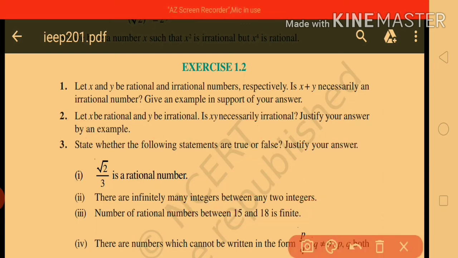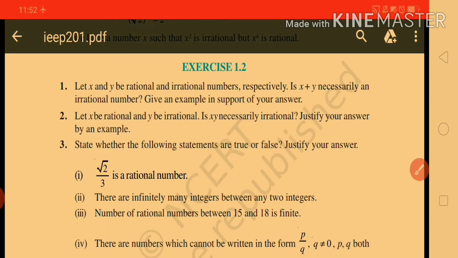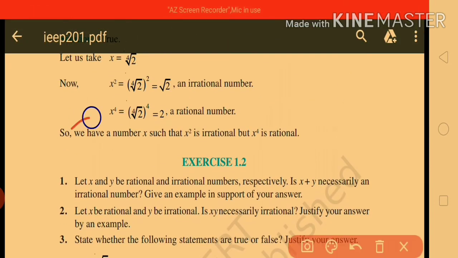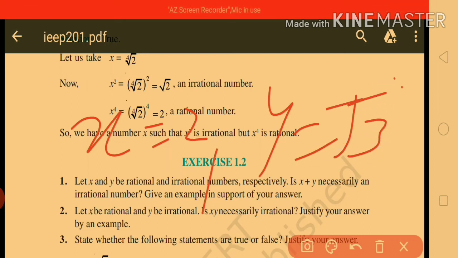Second question, let x be a rational and y an irrational number. Is xy necessarily irrational? Justify your answer. Let us take x as, again, I am taking the previous example. Sorry, x I am taking 2, and y I'm taking root 3. You can take any number.